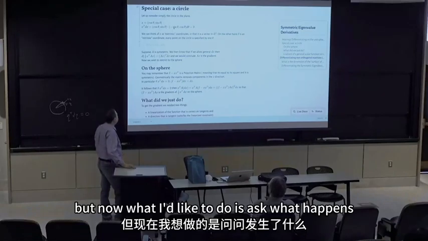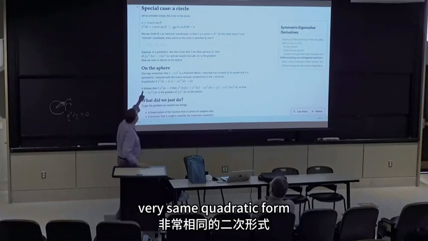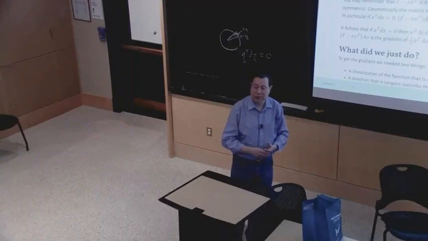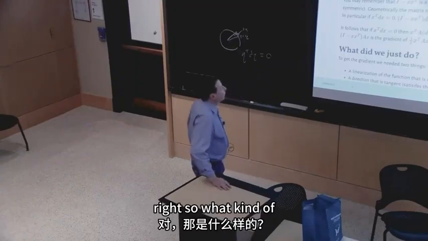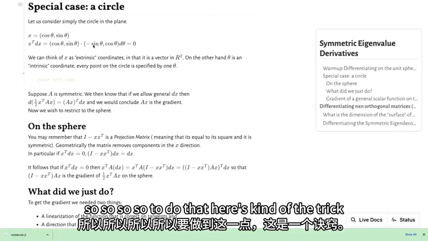But now, what I'd like to do is ask what happens if you take the gradient of that very same quadratic form, but we restrict ourselves to being on the sphere, right? So what kind of change does that happen? To do that, here's kind of the trick.